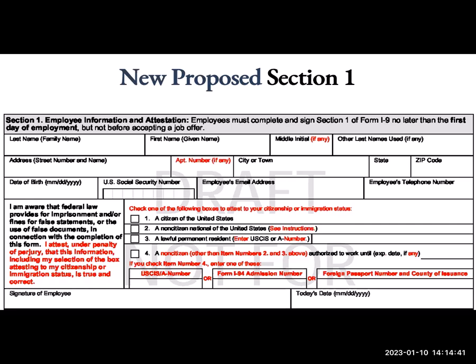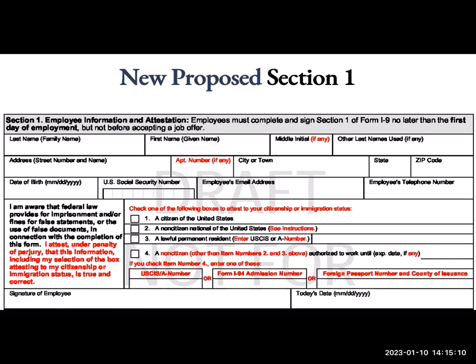So I got a yes for Form I-94 admission number. Anybody else? Any other yeses? You all know what that is. Come back to me. Oh, okay. So I was saying, and please let me know if you don't hear me, because I want to make sure that you do.